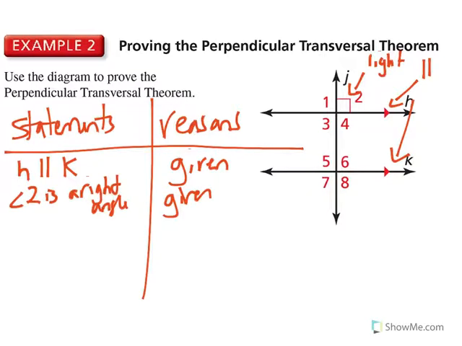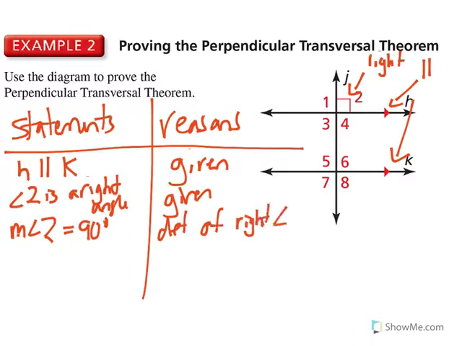So using this information, first off, I can say that the measure of angle 2 is equal to 90 degrees based on a definition of a right angle. And let's take a second to think about what we're actually trying to prove. We're trying to prove the perpendicular transversal theorem. Perpendicular transversal theorem tells us that if a transversal is perpendicular to one line of a parallel set, then it's going to be perpendicular to the other one.